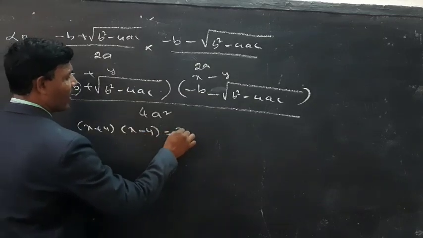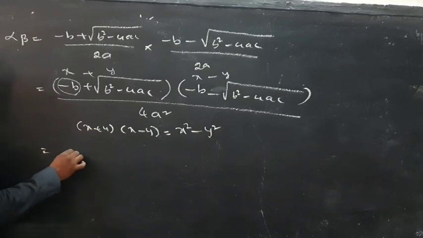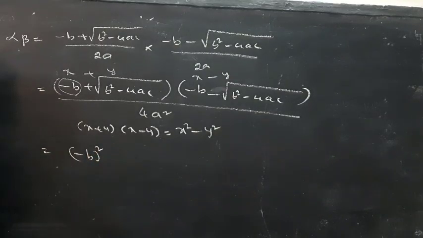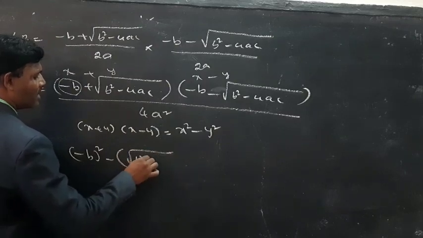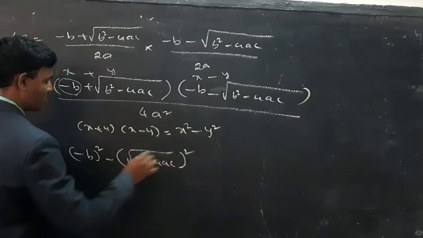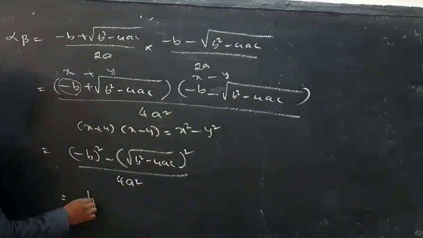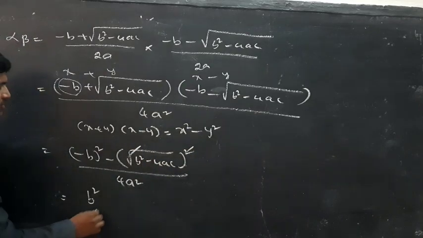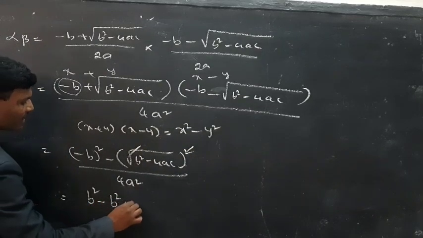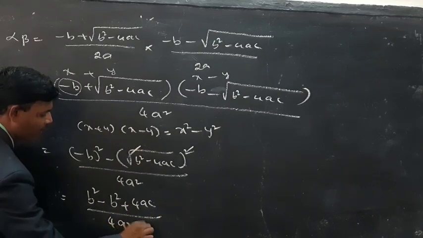So according to the formula, what can we write? x square minus y square. Here x square means minus b whole square, and y square means under root of b square minus 4ac whole square, by 4a square. The square root gets cancelled. So what is the answer? b square minus b square plus 4ac by 4a into a.